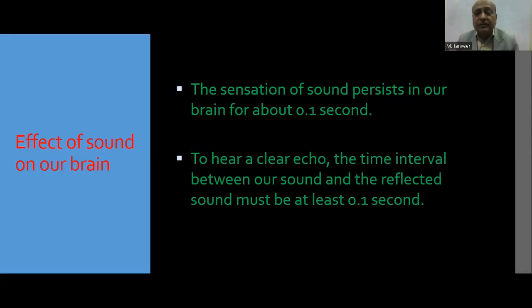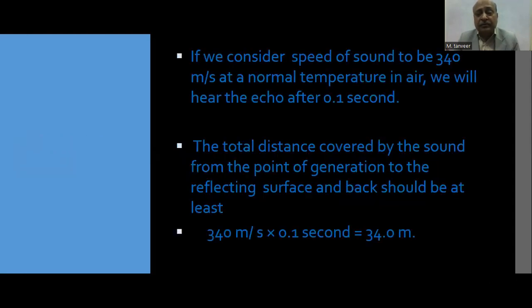When we hear a sound, its effect remains on our brain for 0.1 second. When the sound takes more than 0.1 second, we are able to hear it separately and it will not merge with the first sound. If we consider the speed of sound to be 340 meters per second at normal temperature in air, then we hear an echo after 0.1 second.